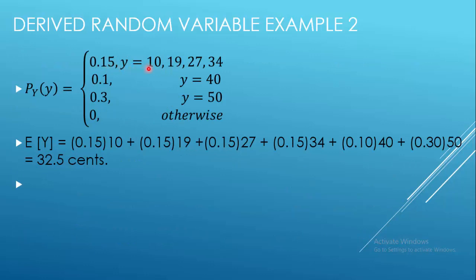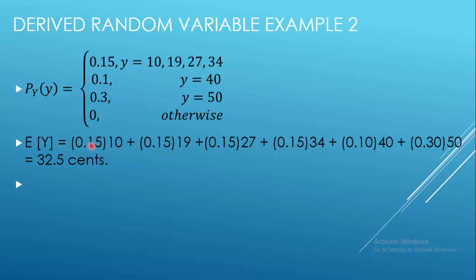The probability that you will be charged 10 cents is 0.15, the probability you will be charged 19 cents is 0.15, and for 27 and 34 it is also the same. The probability that you will be charged 40 cents is 0.1, and the probability that you will be charged 50 cents is 0.3.